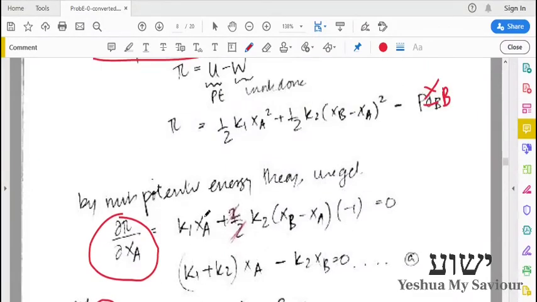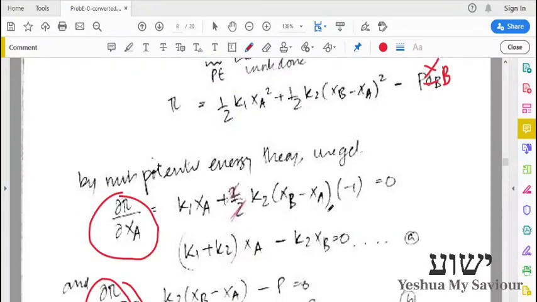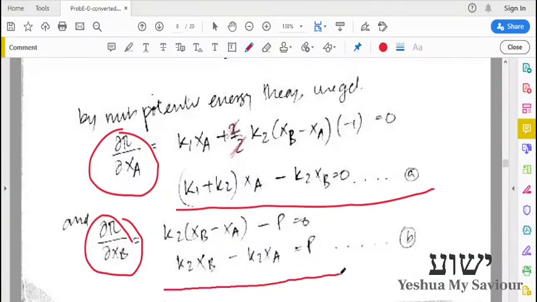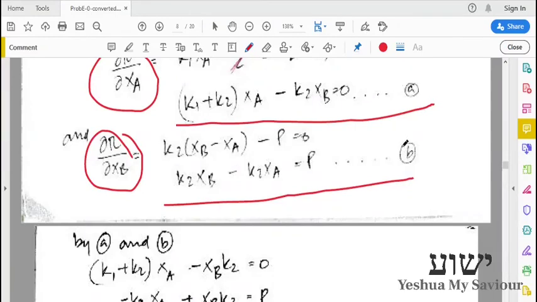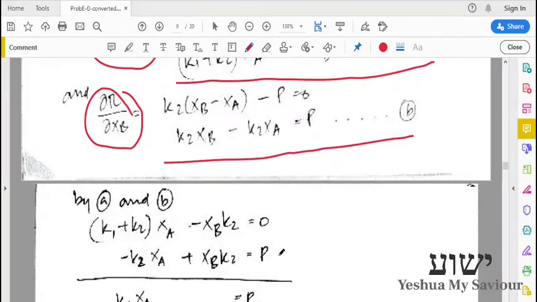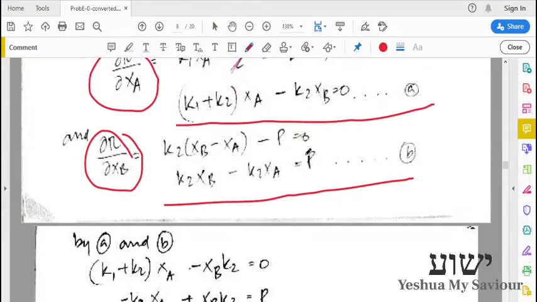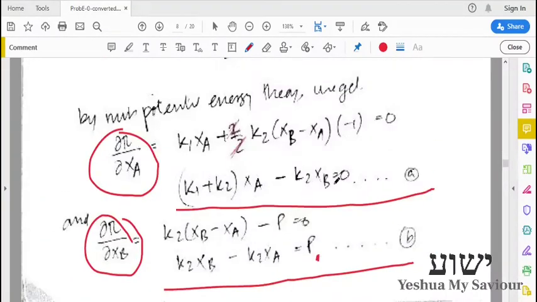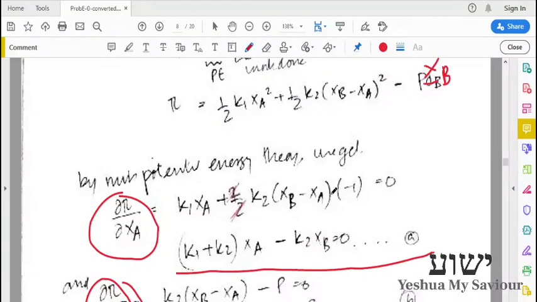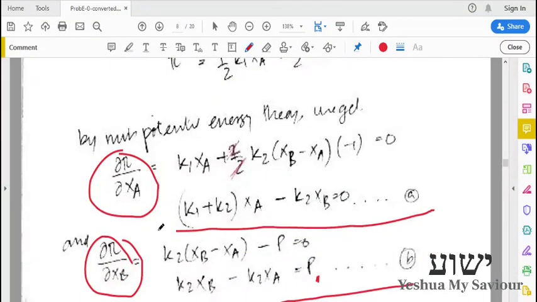So as we have parameters here, we just differentiate them. We'll get two equations. That's a pretty straightforward differentiation. We'll get two equations A and B. So we can see that as we have xb here, we will have P here and xa.